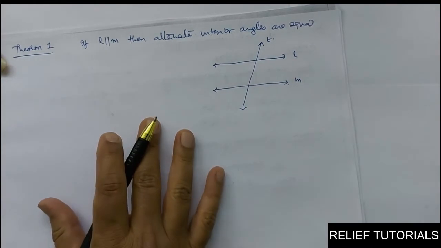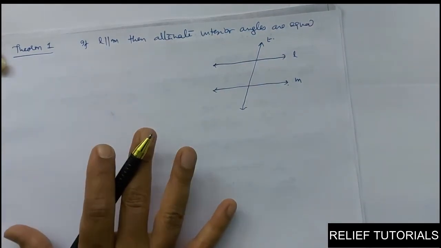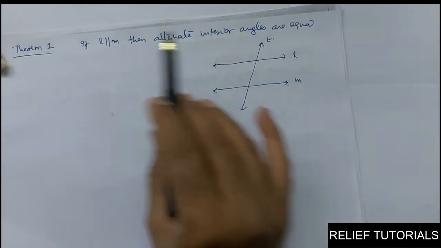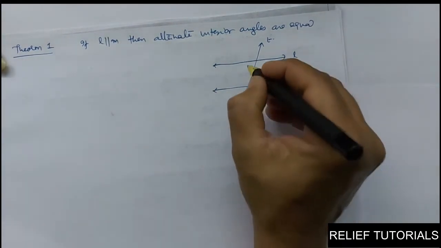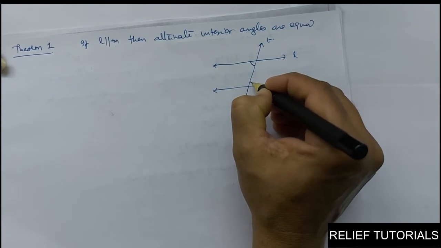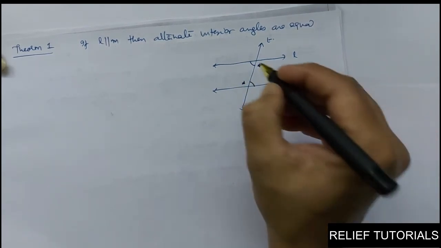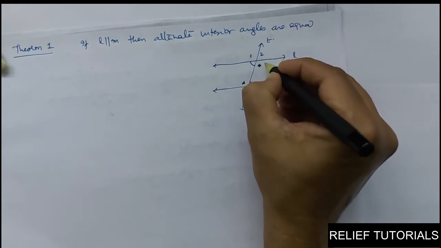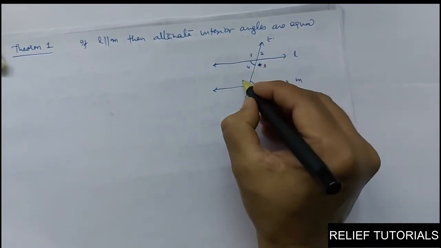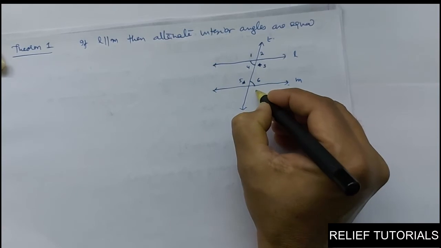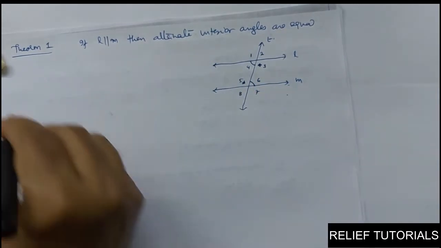So, no need of proving this theorem, because it is not given in your textbook, but I am going to prove it. Just look here. You have to remember only the statement: if lines are parallel, alternate angles are equal. These are two alternate angles. Clear? We will label the angles 1, 2, 3, 4, 5, 6, 7, 8.